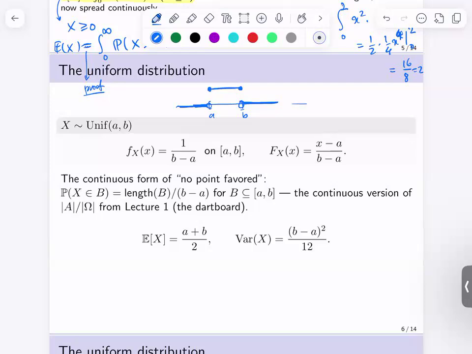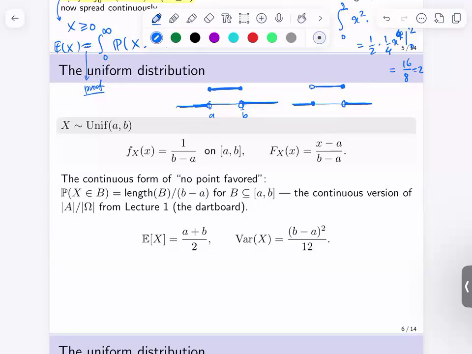So it could be like this, or you could define it zero here, then non-zero here, and maybe non-zero here. These PDFs are equivalent in a sense, which may not be clear at first, but what we really care about is the integral, the area under the curve, and if you redefine it at a single point, it doesn't change the area. So it's non-zero generally in this interval, modulo a couple of finite points.